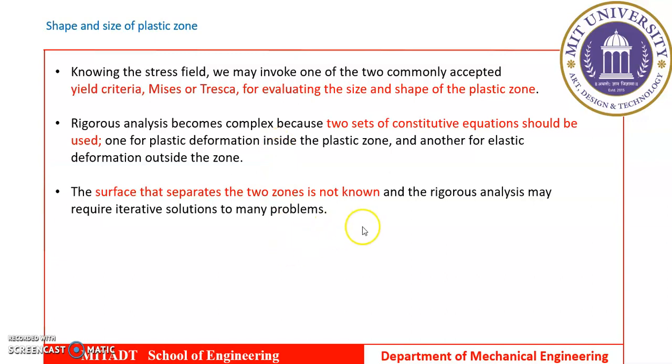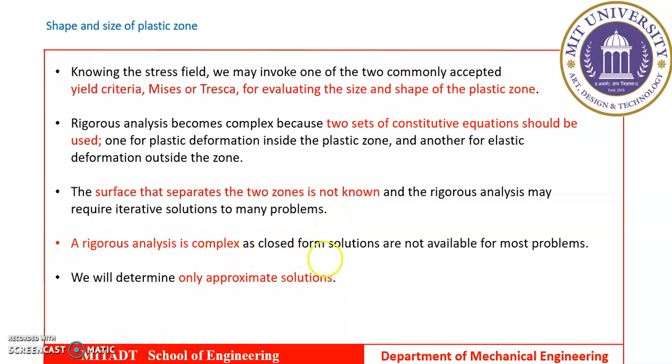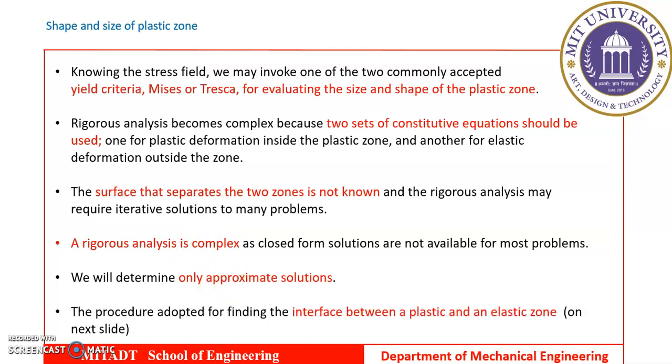Now the surface which is common between these two zones is not known, and hence it will require a rigorous analysis. This rigorous analysis is complex, hence we will see only the approximate solutions. That means we will try to find out the interface between these two zones, that is the plastic zone and elastic zone. We'll see this on the next slide.